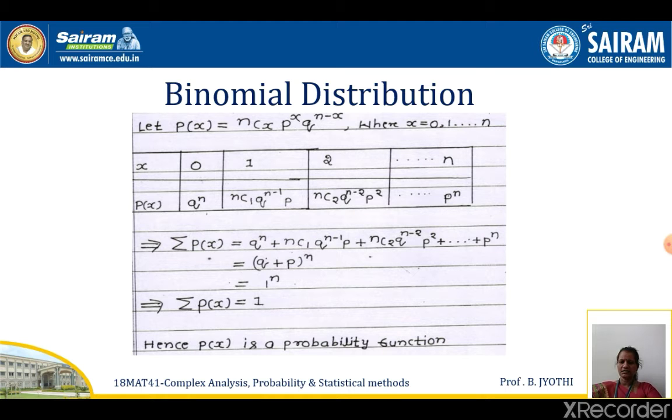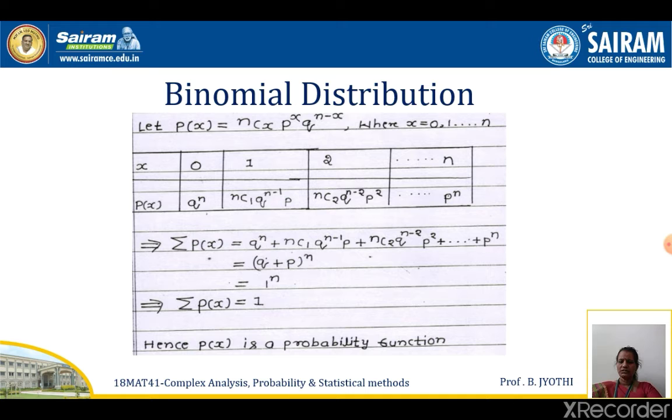When x is 1, P(x) is nC1 q^(n-1) p. When x is 2, it is nC2 q^(n-2) p^2, and so on. When x is equal to n, since nCn becomes 1 and q^0 is 1, we get only p^n.